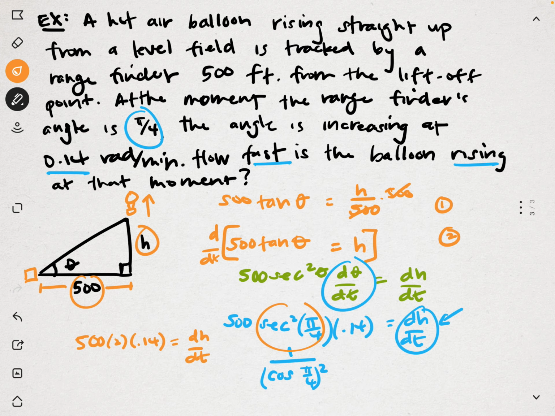So let's do that. 500 times 2 times 0.14 is 140, and this is going to be in feet per minute. So I guess 140 feet per minute is not very fast, right? It's about 2 feet per second. Yeah, it's not too bad. It's slowly lifting off the ground.